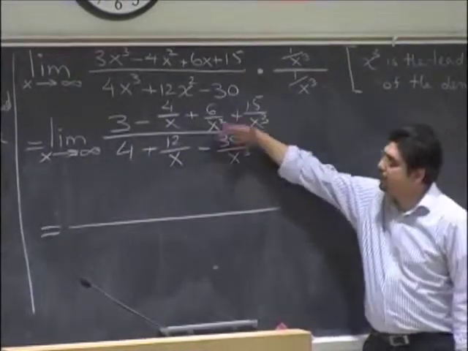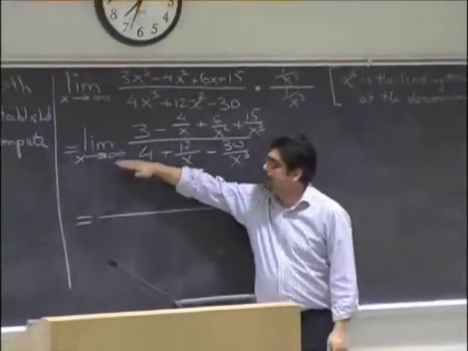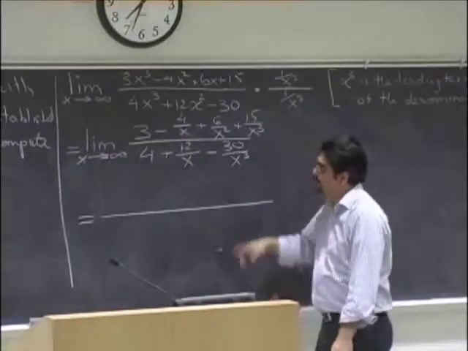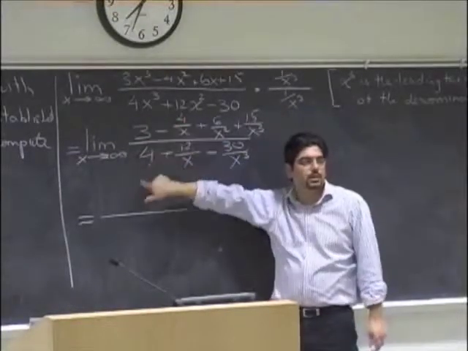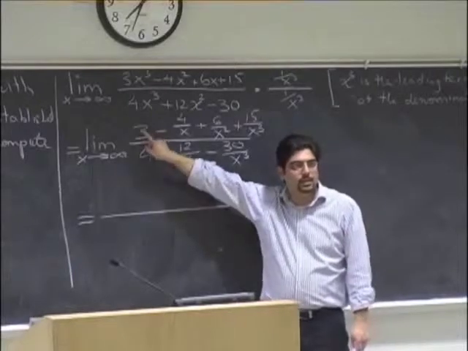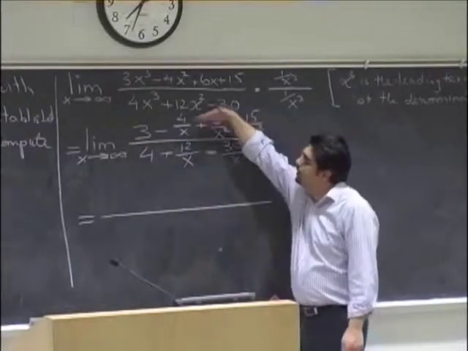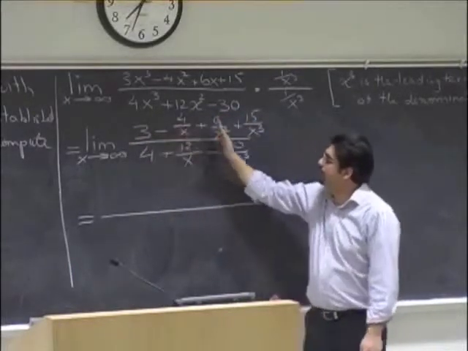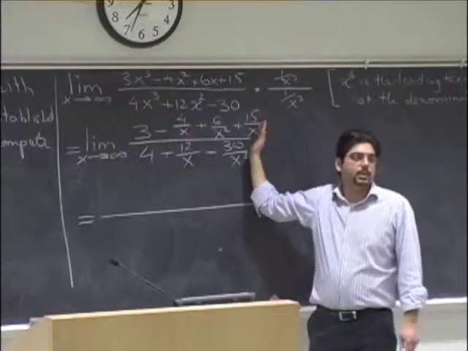First, this is a quotient, so the limit of a quotient is the quotient of the limits. So I can take the limit of the numerator and denominator separately, provided each exists. But now, once I'm at the numerator, I have several terms that are added and subtracted, so I could use the limit law for sums.